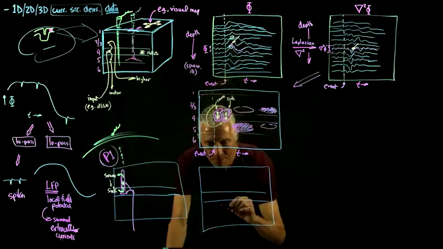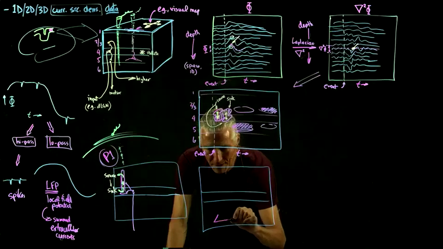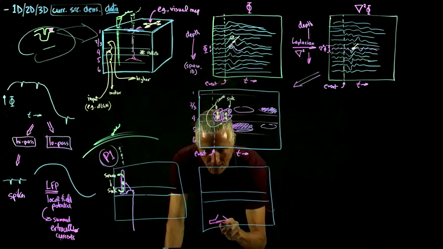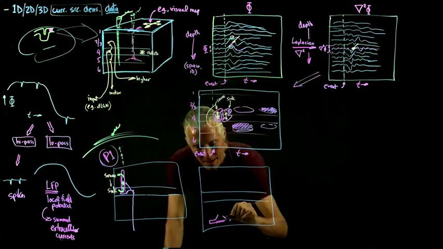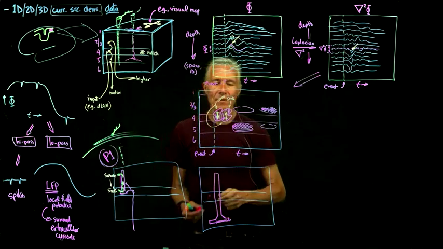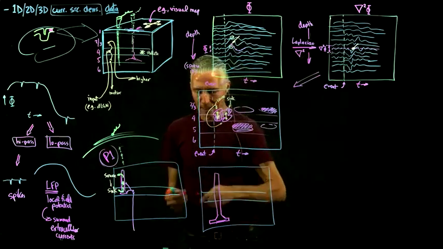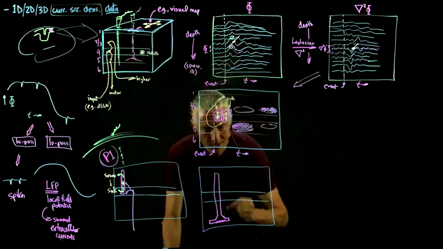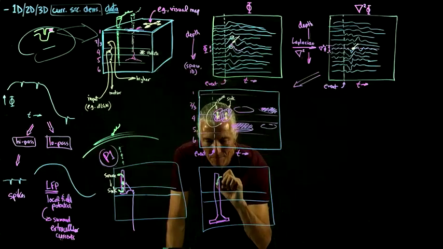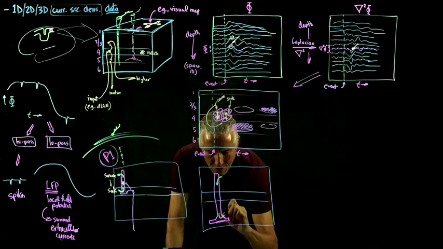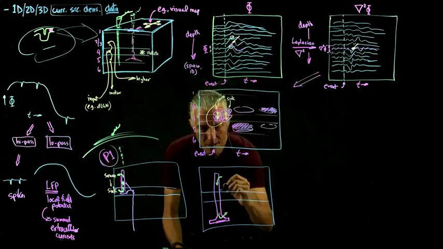Those guys are big, beefy pyramidal cells down in the lower layers, and they now have the opposite sign of source and sink. So what's happening in these guys is you see a sink up here, and then you see the source down here.